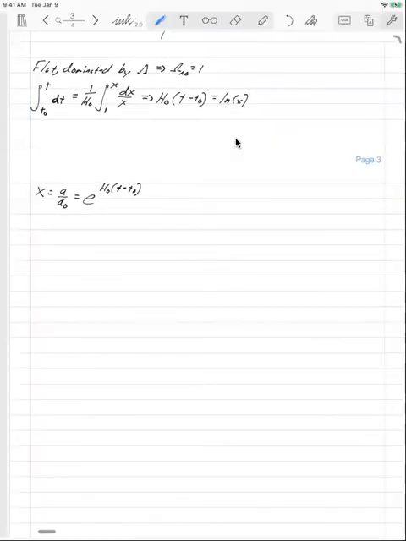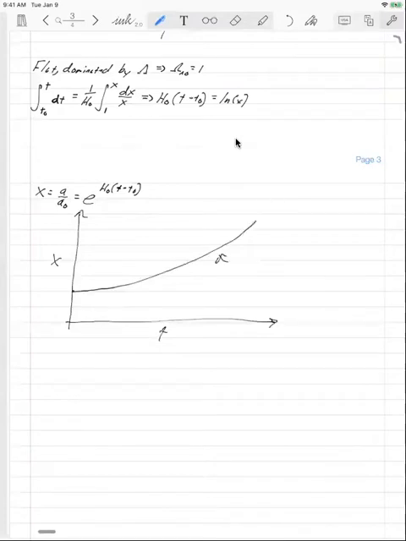So for the case of a cosmological constant, the evolution of a over a0, or x, is an exponential. Oops, that needs to be a minus sign.